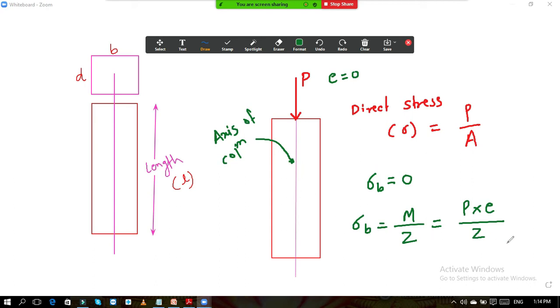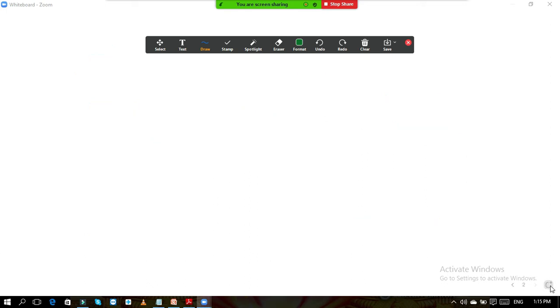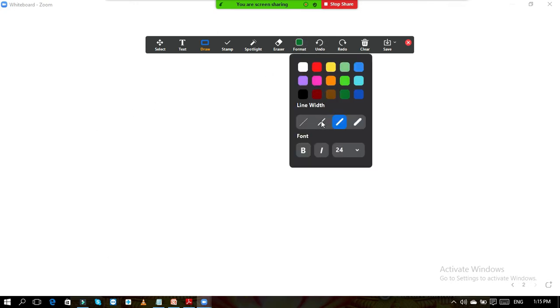Now this is the direct stress developed in the case of concentric load. In the case of eccentric load, what will happen? Suppose I draw the column over here, so this is the column, and this is the axis of the column.